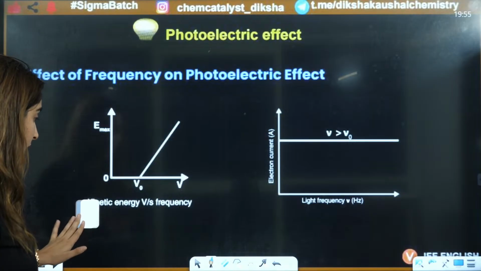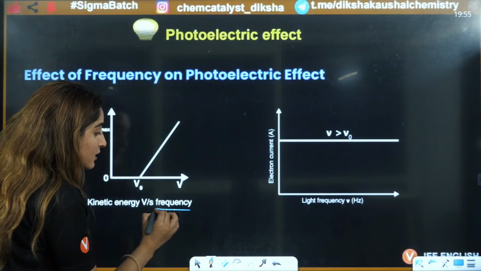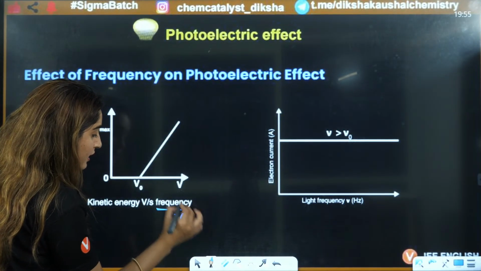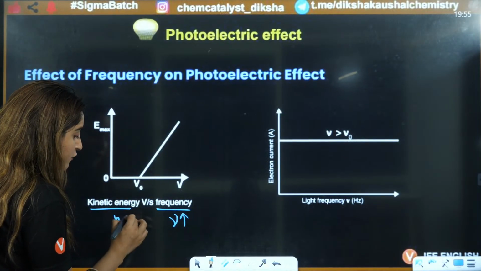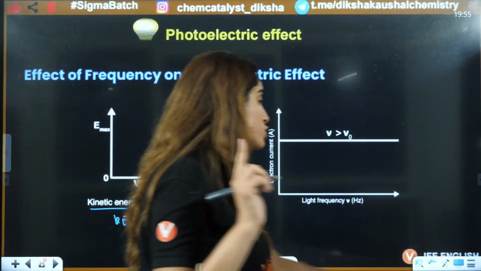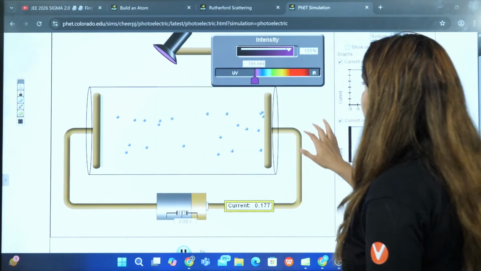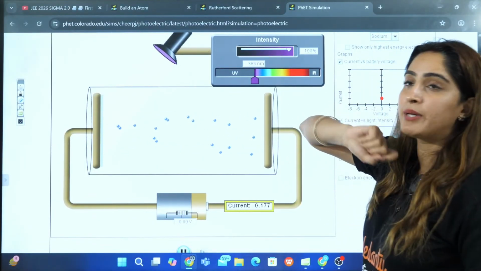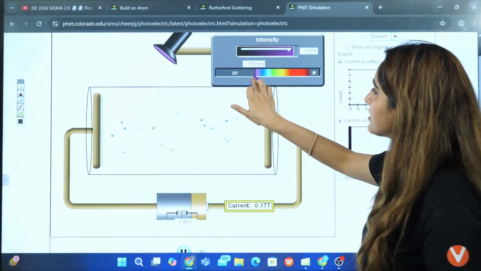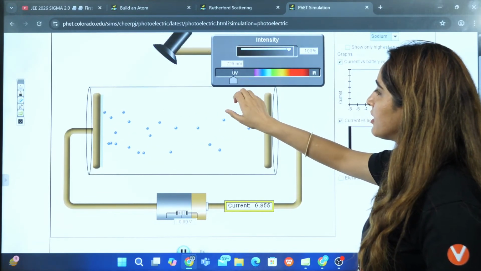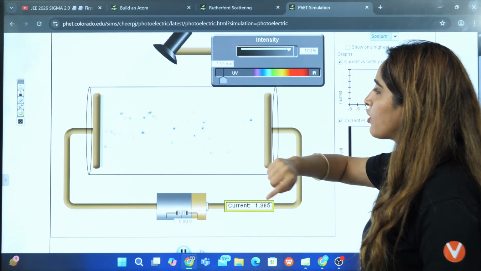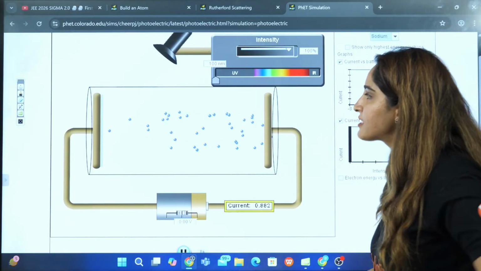One important thing: whenever you are increasing the frequency of incident light, kinetic energy will increase. Can you observe it here? I'll also give you the reason. When you increase the frequency, lambda will decrease. When you decrease the lambda, can you see the kinetic energy is increasing or decreasing? It is increasing. Can you see?